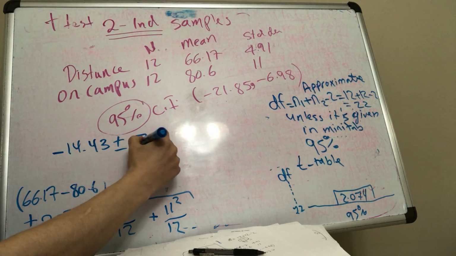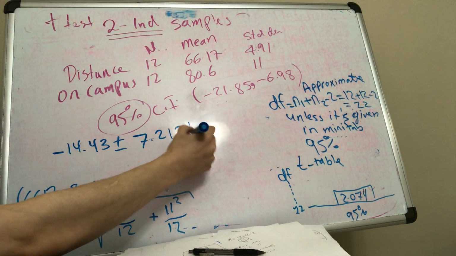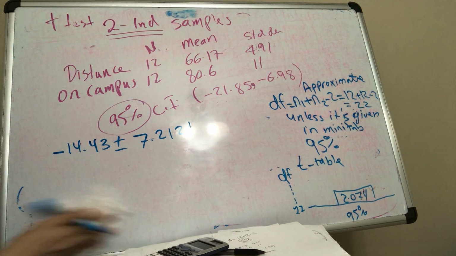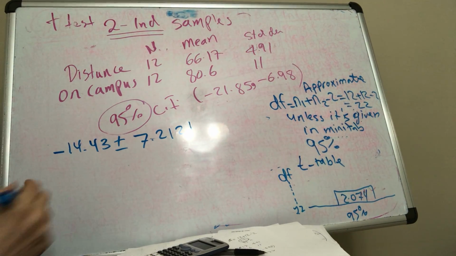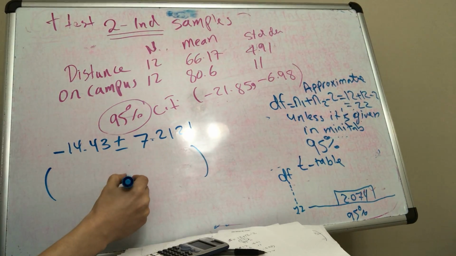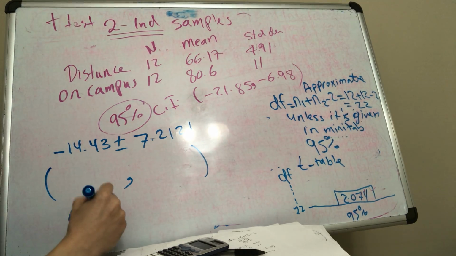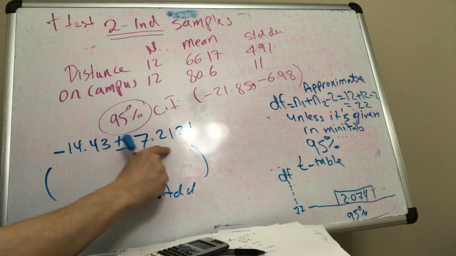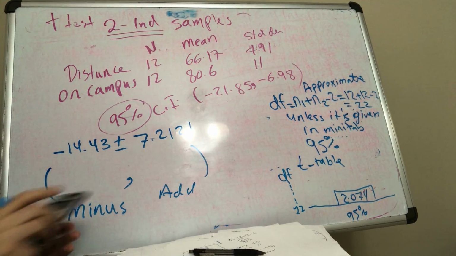This number is 7.2121. Then you open brackets, you minus the two numbers, you add the two numbers. So you go this minus this, this plus this.